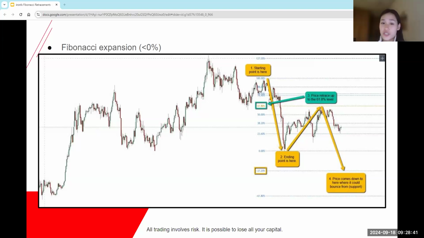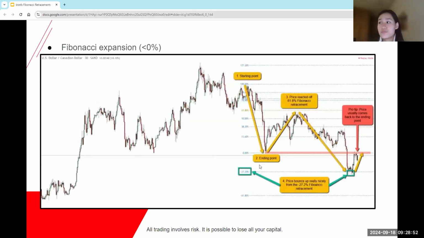This is a retracement. And then now it's moving downwards, and we're expecting it to come down to this support, to bounce from this minus 27.2. Okay, so you can see that's exactly what happened. Price moved downwards, bounced off on minus 27.2, and price usually comes back to the ending point over here.